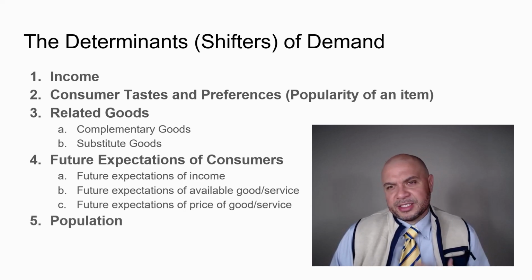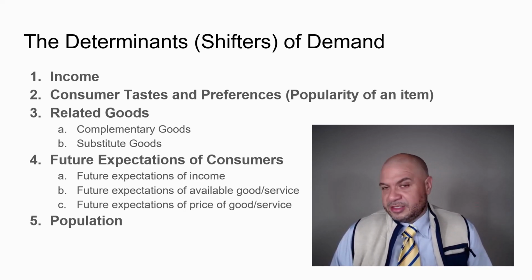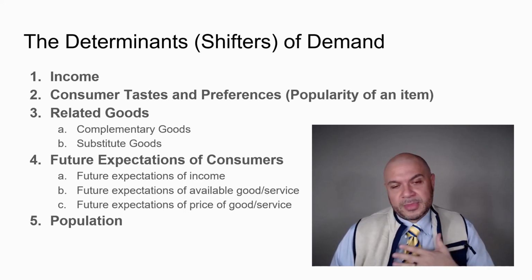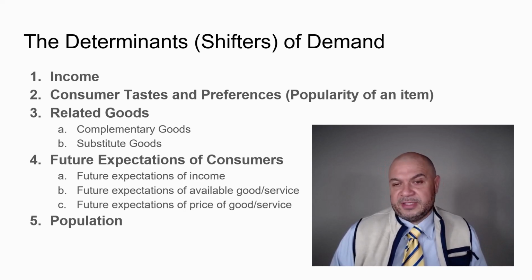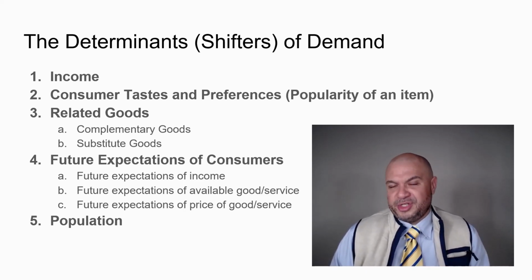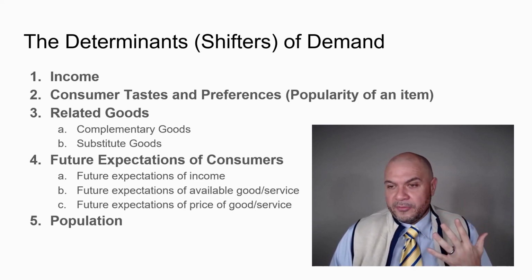And the last shifter that we're going to talk about is population. Pretty simple. The more populated an area is, the more demand increases because there are more people that want stuff. The less populated an area is, the more demand decreases because there's less demand for goods and services. So we'll talk about all of these. You have to memorize these. These are the 5 shifters of demand.